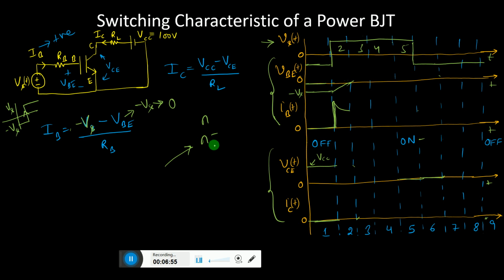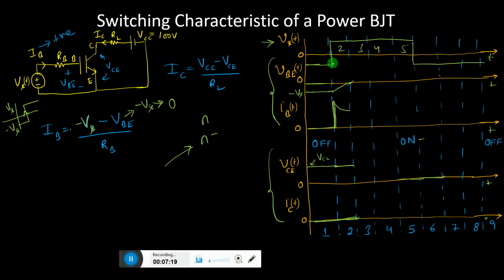As long as it is not filled completely, this VCC will exist across the VCE. That means the collector-emitter voltage will have the same voltage as the supply voltage, that is VCC. And obviously if that is there, the current will be 0 in stage 2.